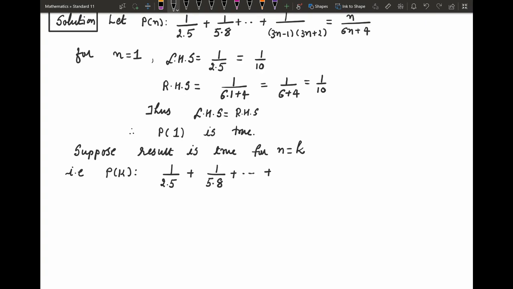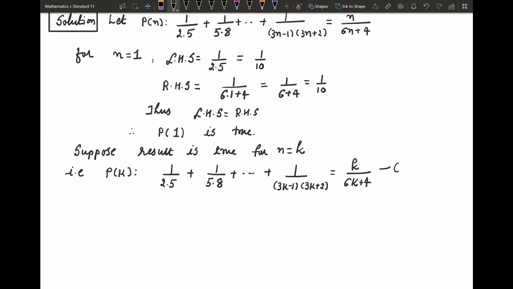Now to write kth term, in general term you replace n by k. So 1 upon (3k minus 1) into (3k plus 2) equal to k upon 6k plus 4.